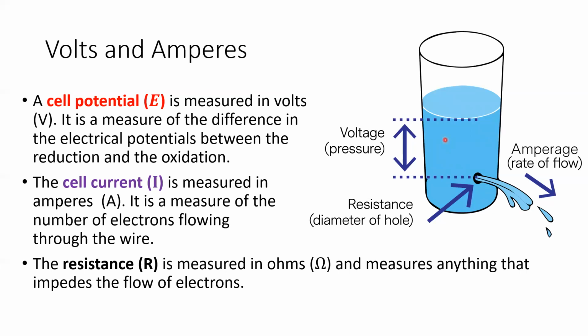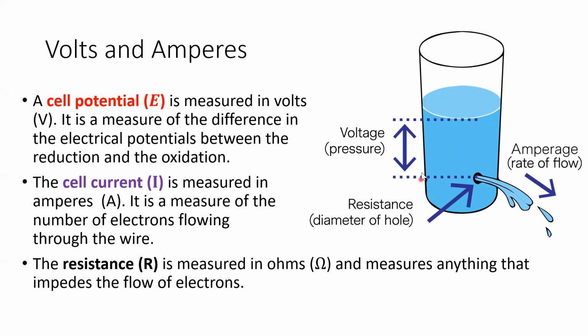Okay, if we have a cup filled with water, and let's say we have it filled to here, and we have a hole, a little bit of the water is going to flow through that hole. If we have our cup of water and it's filled to here, we're going to have more water flowing out of that hole.